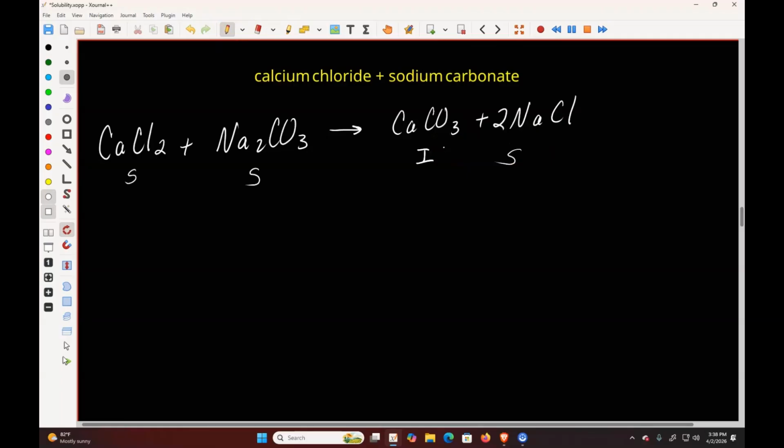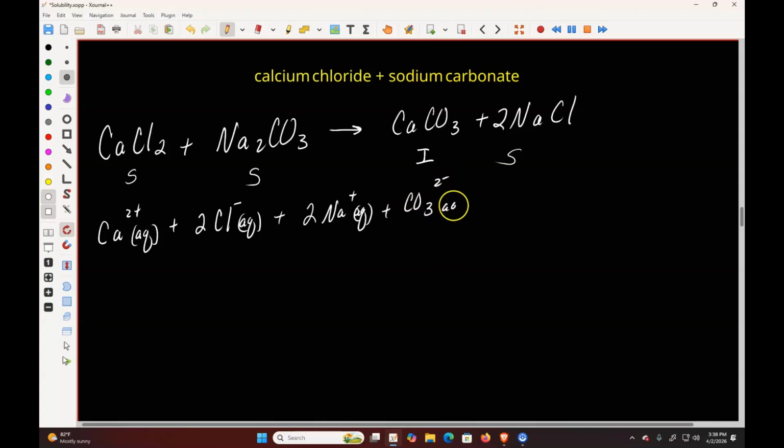All right, so let's dissociate these. I get calcium 2 plus aqueous plus 2 Cl negative aqueous plus 2 Na plus aqueous plus a carbonate aqueous.